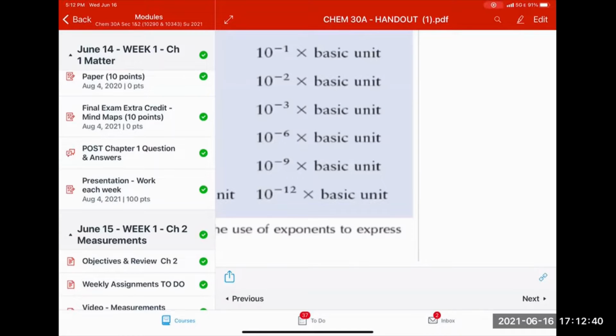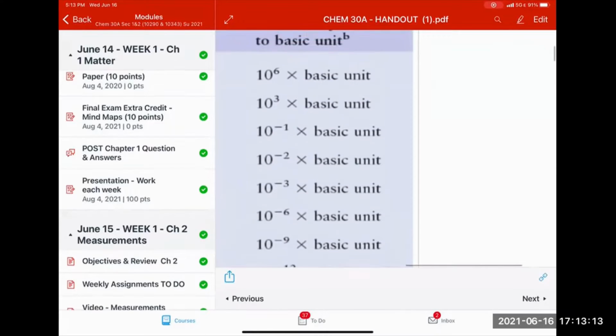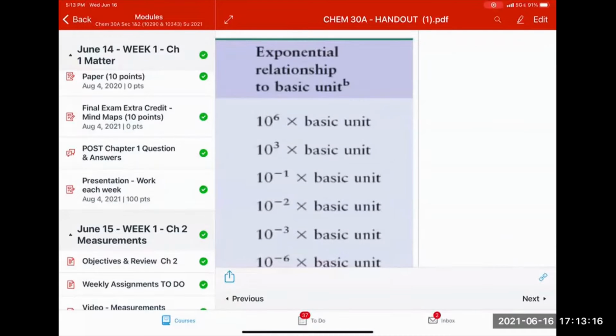Here's a little bit from your prerequisites. 10 to the power -1 is bigger than 10 to the power -2. 10 to the power -3 is smaller than 10 to the power -2. So 10 to the power -12 is a really, really small amount. Keep that in mind: a negative exponent means a small number, but a positive exponent means a big number.